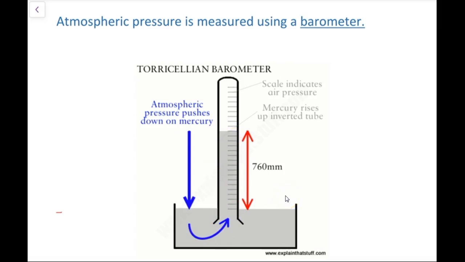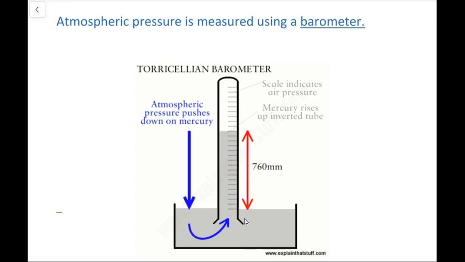Now, at sea level, the atmosphere is able to push with enough force to hold 760 millimeters of mercury, hence the name of the unit, mmHg, or millimeters of mercury. But it's able to support 760 millimeters of mercury inside of this glass tube, which of course depends on the thickness of the tube and all that stuff. But that's where the unit comes from.